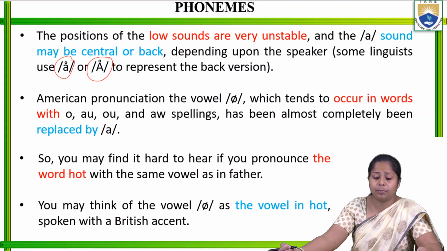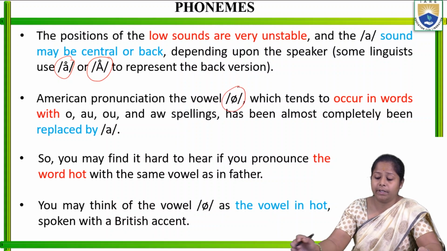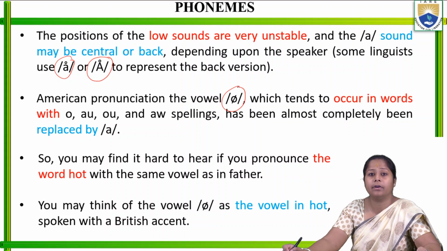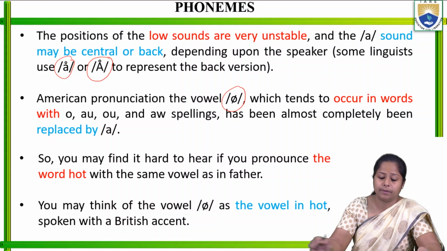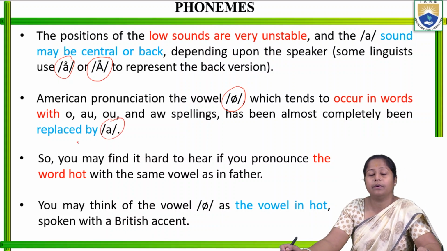Now, in American pronunciation, this vowel tends to occur in words spelled with O, AU, OU, and AW. These are the spellings where this vowel will be used. That has almost completely been replaced by this slash A slash. So in the place of that vowel, it has been replaced by A totally in American pronunciation.